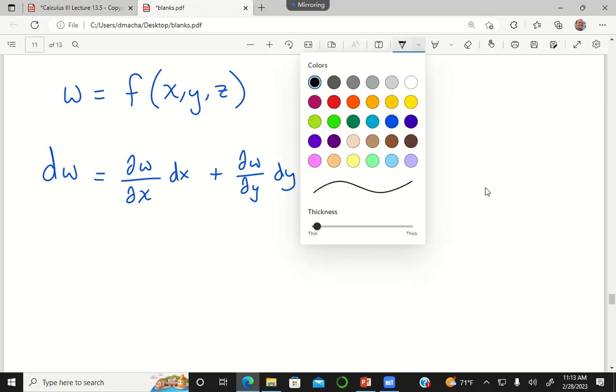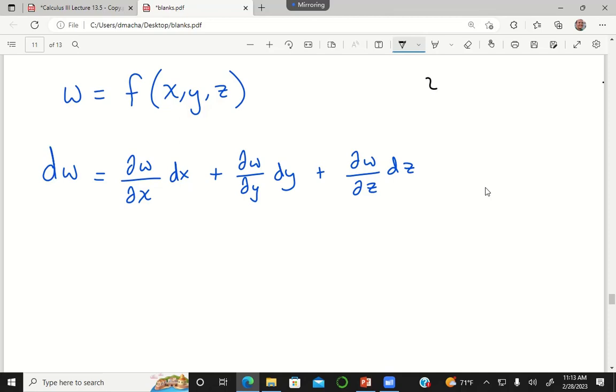And if we ended up in some situation where x, y, and z are each known functions of t, and you wanted to find dw dt, then you again just have to divide through everything by dt. It's a slightly longer problem, but you would work it the same way.